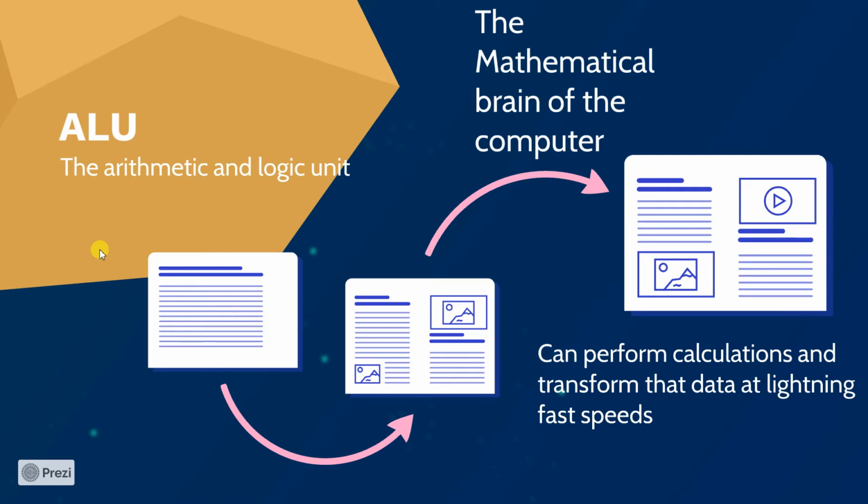And you can consider this as the mathematical brain of the computer. It does all the calculation. It can perform calculations and transfer data at lightning speeds. So let's just say you have some gigantic calculation to do. And remember, in the last couple of videos, we talked about computers being used for science.